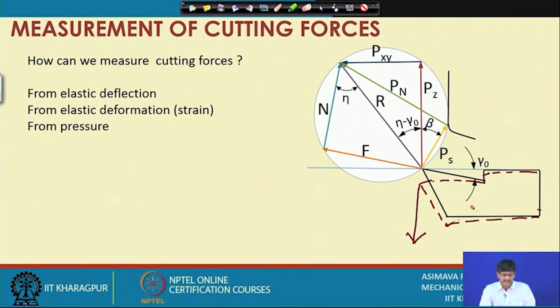We can have elastic deformation, that is strain. What do we mean by this?